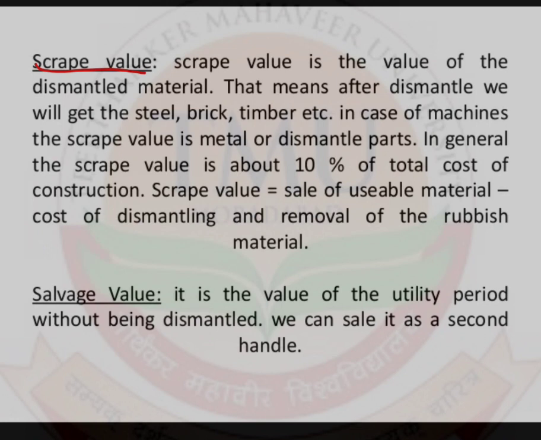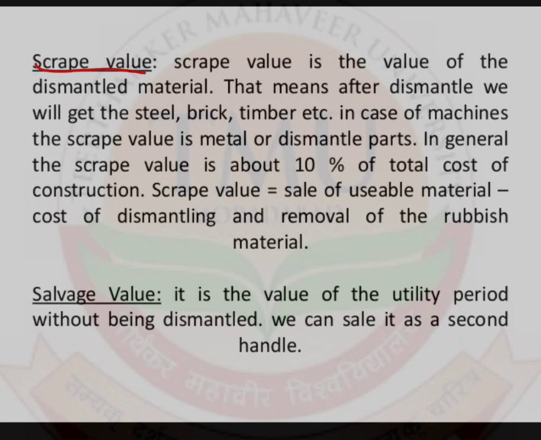Like mechanical engineering, they manufacture a machine, and a machine also has a certain life. So in case of machines, the scrap value is of metal or dismantled parts. In general, the scrap value is about 10% of the total cost of construction. Normally, it is taken as 10% of the total cost of construction.